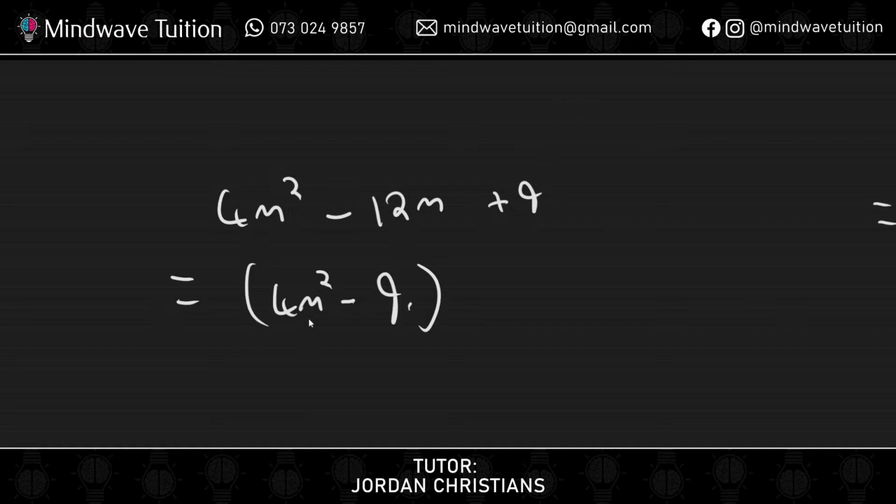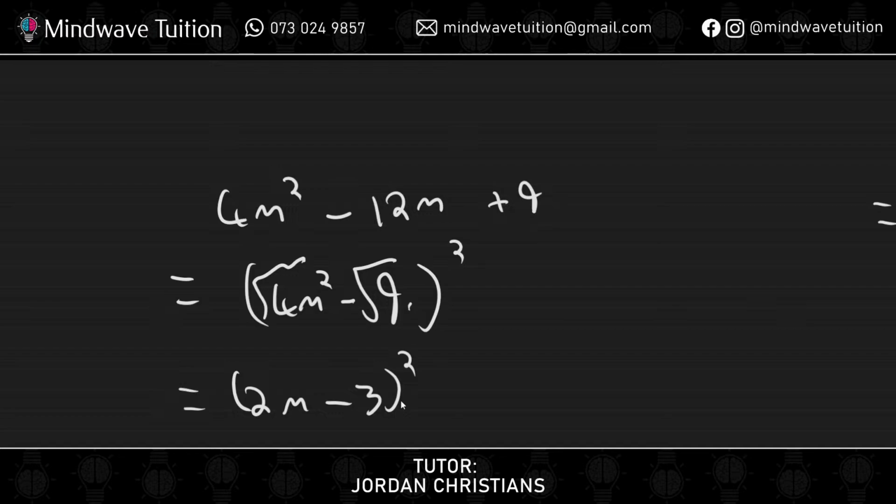So this is positive 9, so we want to write instead negative 9. What we then do is square root both and put the entire thing to the power of 2. It'll square root 4, which will be 2, and m squared, which will be m. We will just say minus 3, because square root of 9 is 3, and that is this one fully factorized. It's a lot simpler.